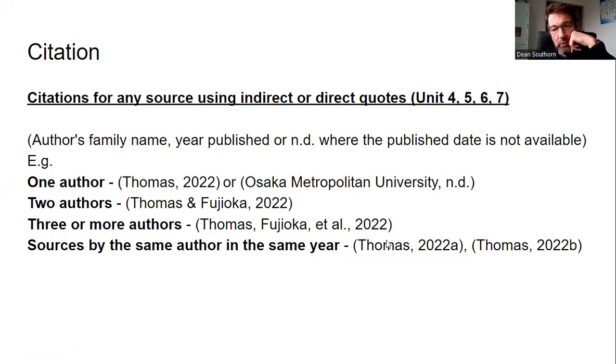Occasionally you have one author who says the same thing or similar things twice. In that case, in this example, we have twice in the same year. So Thomas, first piece of research relating to a topic, and in 2022, and then the second piece of research relating to the same topic would be demarked with B. If they were different years, you wouldn't need to do that.